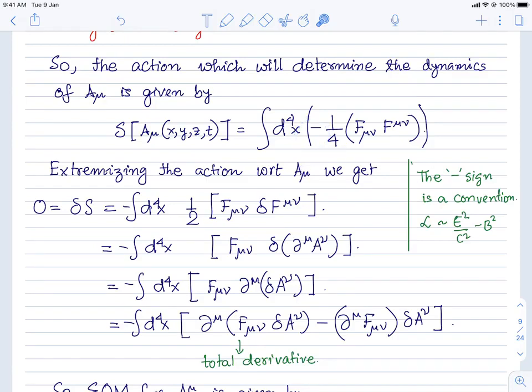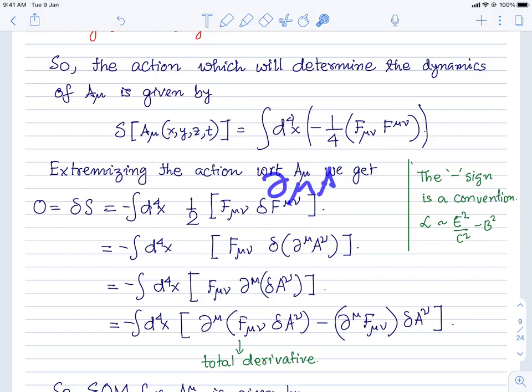And that is the same convention which leads to this kind of a minus sign here. And once we have this Lagrangian density, we write down this variation in this form, where the variation can hit either this half or this one. So that takes away a factor of 2. So that 1/4 becomes half here, and now the variation acts on this f, but the f has two terms.